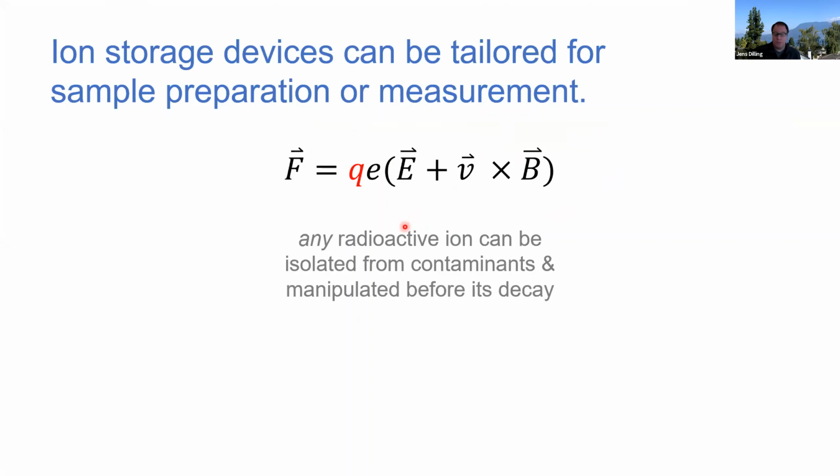You have all your forces well understood, and you can apply them to any radioactive ion and isolate it from contaminants that are co-produced in the production mechanism, and you can manipulate it before it decays. That allows you to carry out the measurements that you're interested in.